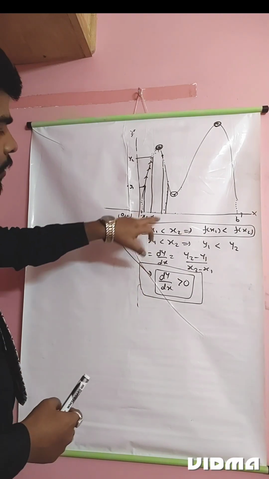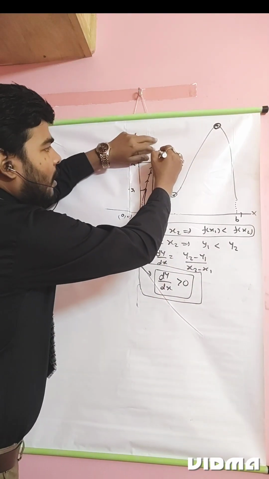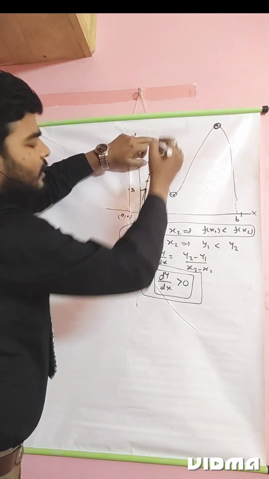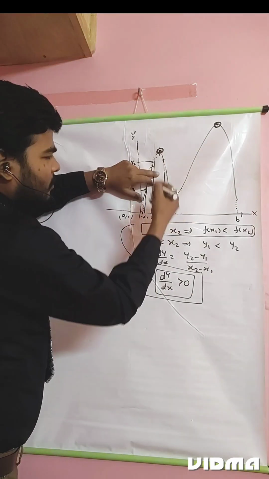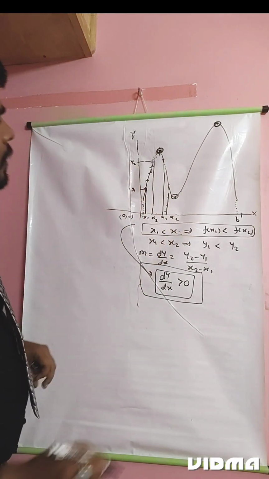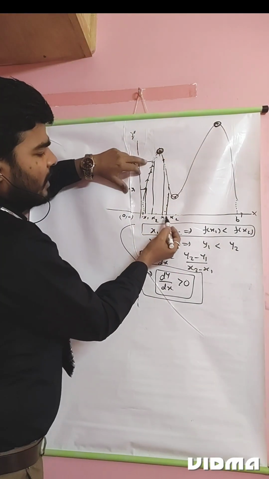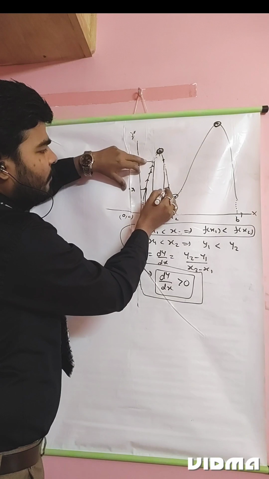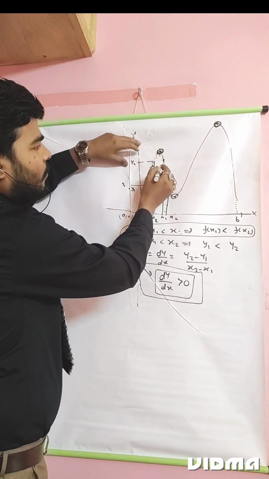Okay. So now for the decreasing function, after the point k, which is called the critical point, now we have considered two values. Again, suppose that x1 and x2. For the decreasing function, as x increases, we have the corresponding values of y, y1 and y2.